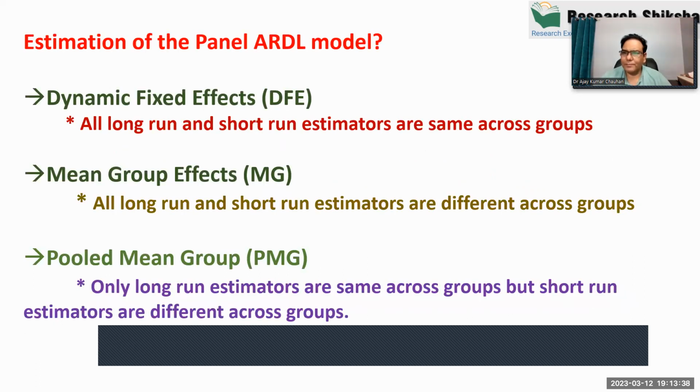There are three models, as we know. DFE assumes that long run and short run are the same for all companies. MG assumes they are different for all the companies, but it is difficult to estimate. And in between, we have the PMG model, which says that the long run is the same, but short runs are different, so we can identify the short run for each cross section.